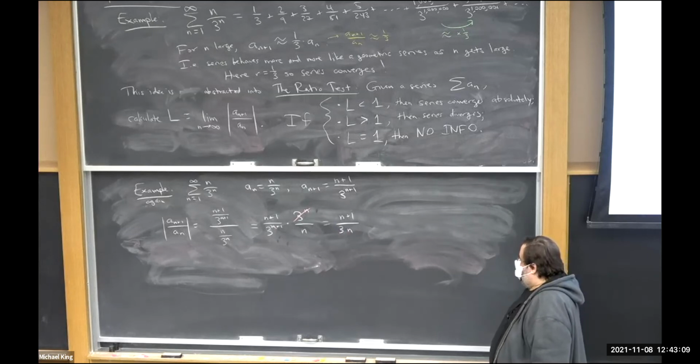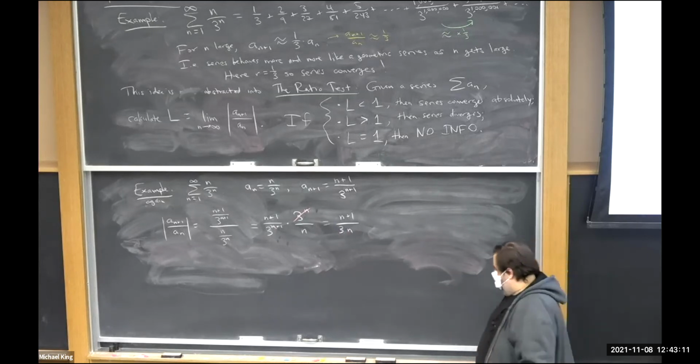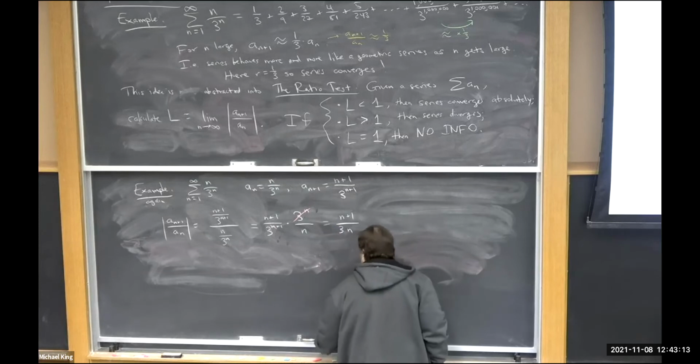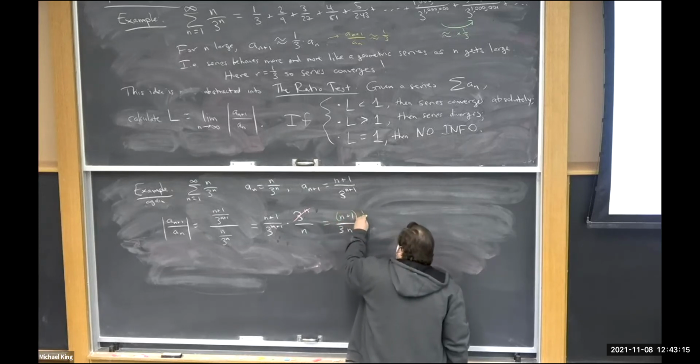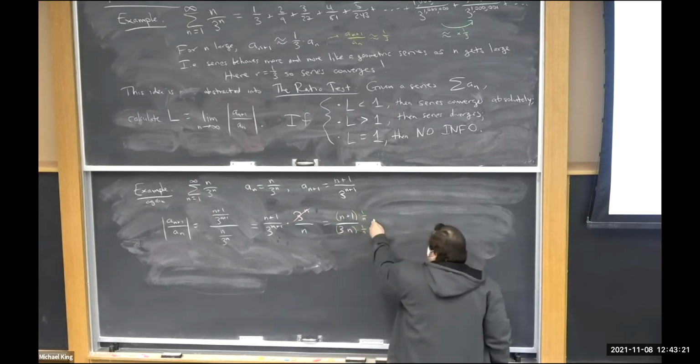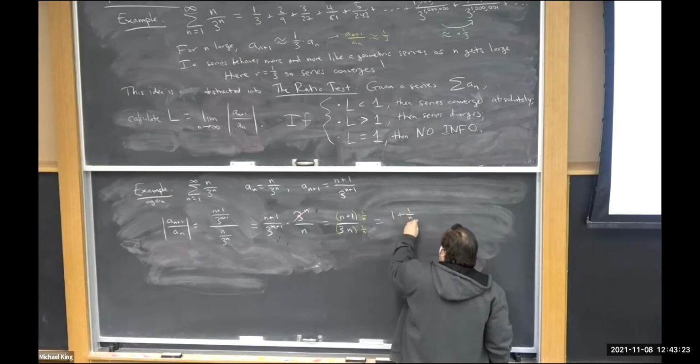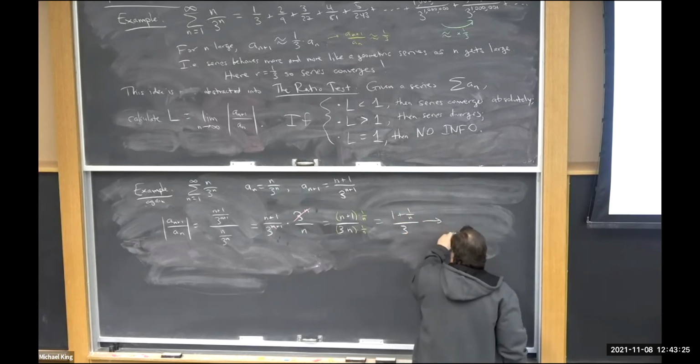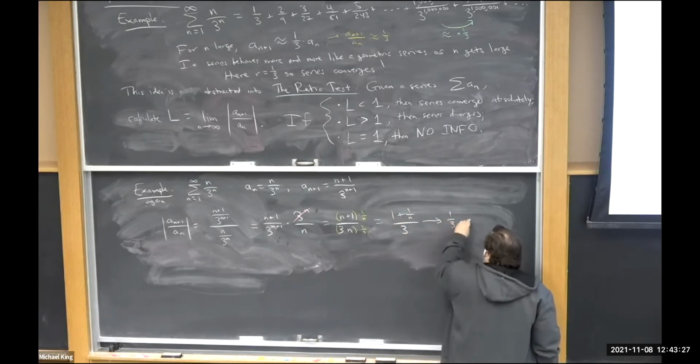And if I want to take the limit as n goes to infinity, I can do the same divide by n on the top and bottom trick, or multiply by 1 over n, to force these into the denominators. So that's 1 plus 1 over n, over 3, which goes to 1/3 as n goes to infinity.